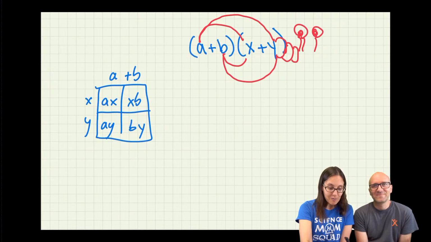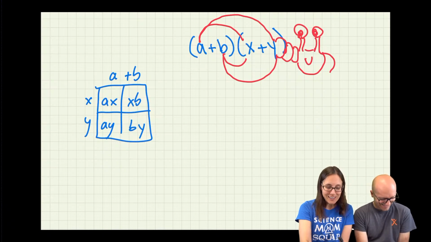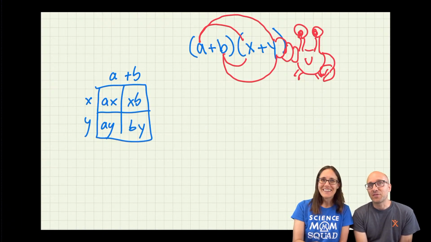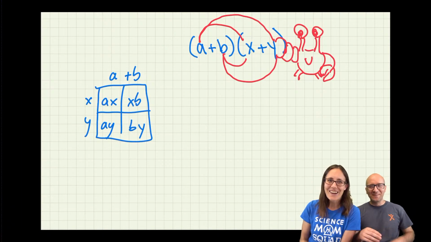And forever after, when I had math homework, I would draw little foil crabs anytime I had to distribute. And they made me smile. There you go. Now you know the foil crab. Now you know the crab.